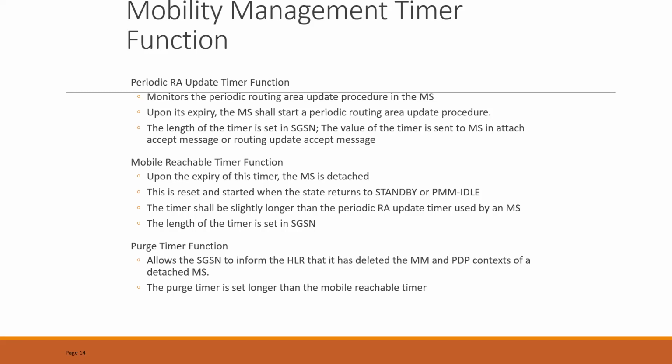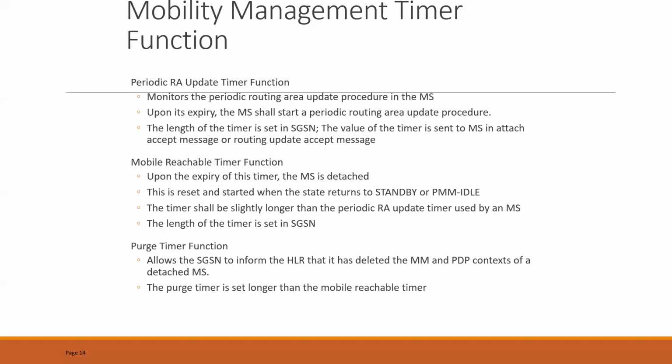If a mobile does not send a periodic routing area update in 54 minutes, and then the extra amount of time passes, the SGSN realizes that this handset or this MSISDN is not reachable, so it turns its state to standby in 2G and PMM idle in 3G, or sets you to detach state.